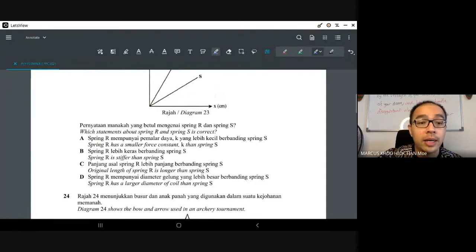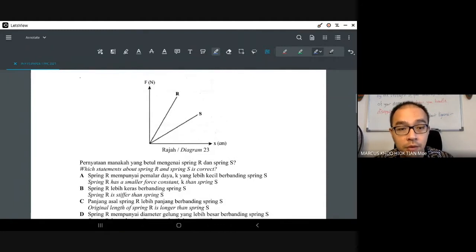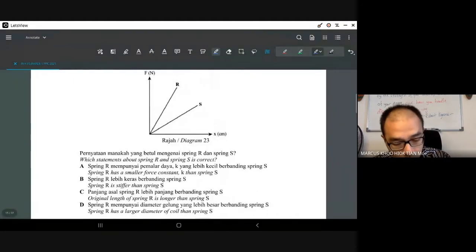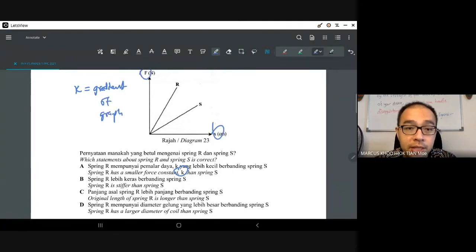So R has a smaller force constant K than spring S. That is not true because K is represented by the gradient of the graph of F against X. So if it is an F against X graph, the gradient will represent the value of K, the spring constant, the kekerasan spring. So definitely you find that the R gradient is bigger, K is bigger, this one the K is smaller, so A is wrong.